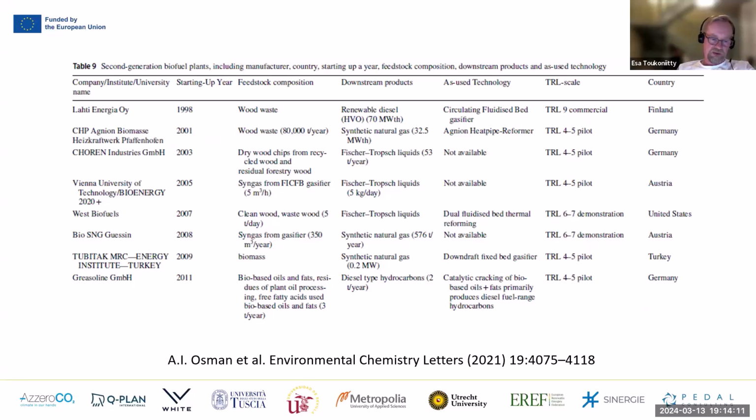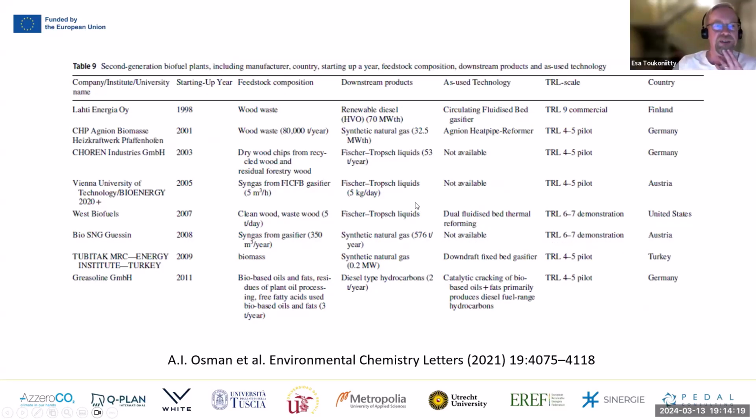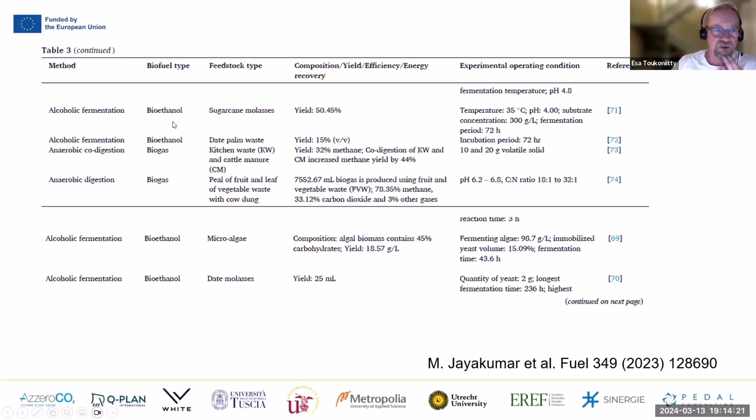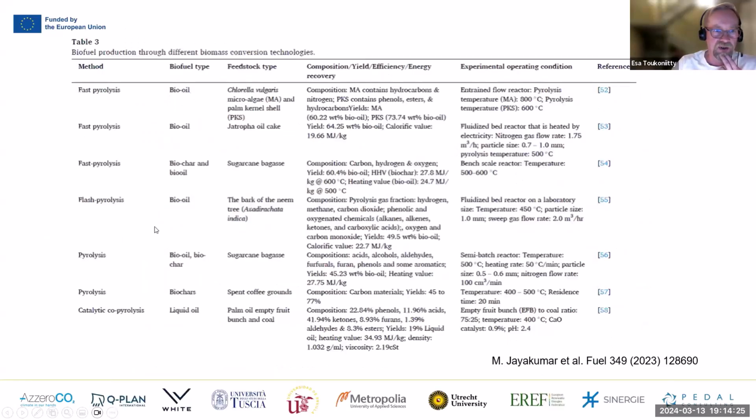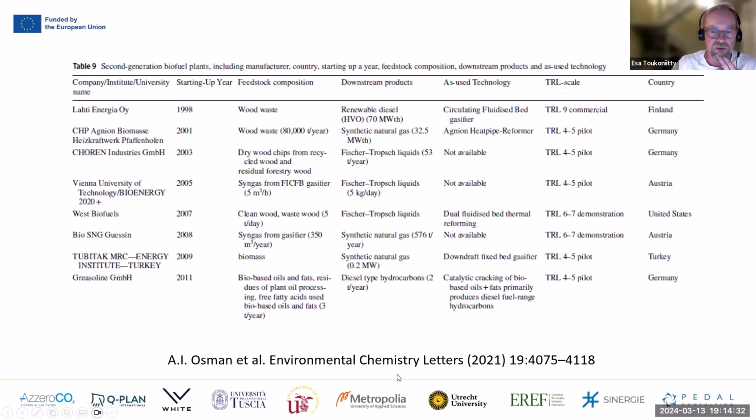Now the table and the source changed, but these are in addition to what we had, like bioethanol, biodiesel, and bio-oil. These are not from the same publication, but these are other types of processes.